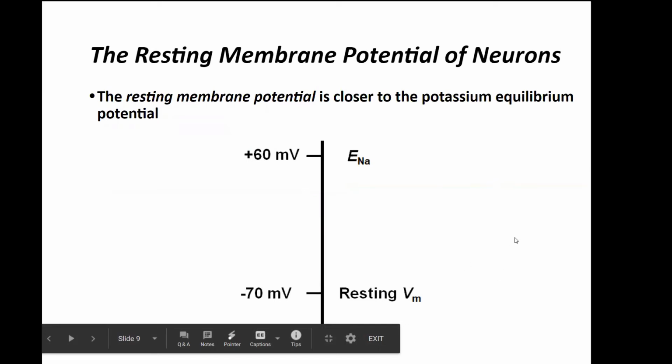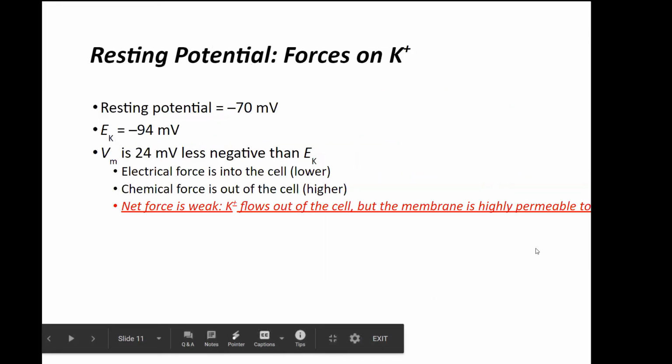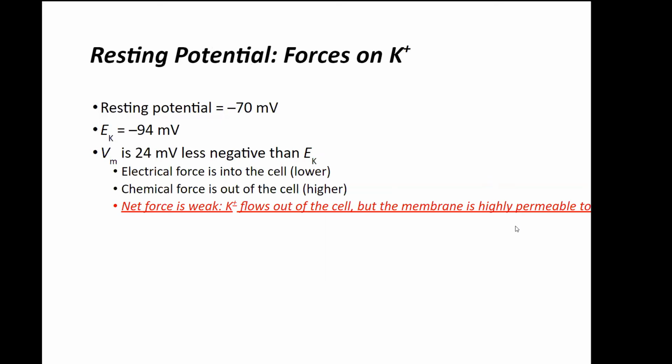So even though this force isn't that strong, the equilibrium potential of potassium pulling on our resting membrane potential kind of wins out because the membrane is 25 times more permeable to potassium. So it has the ability to actually do something.